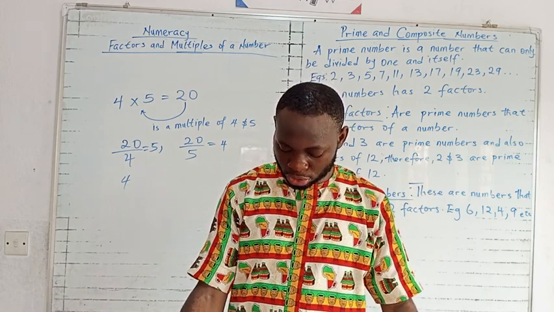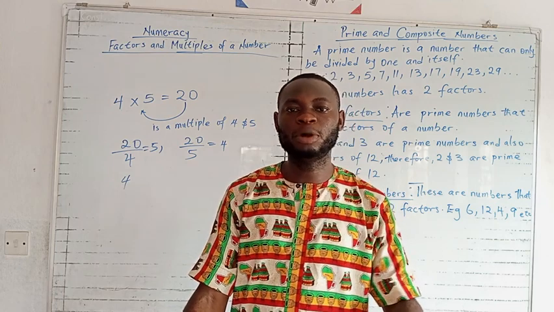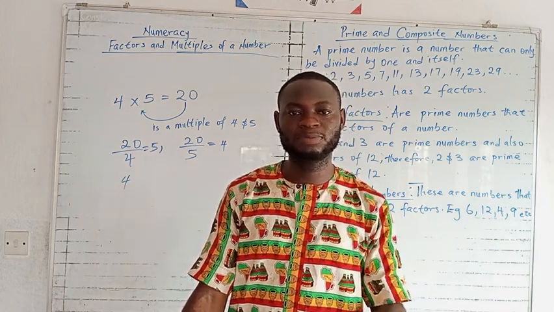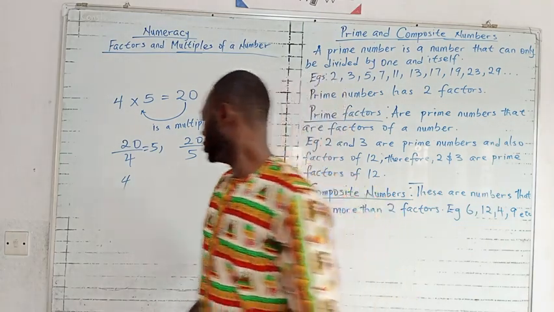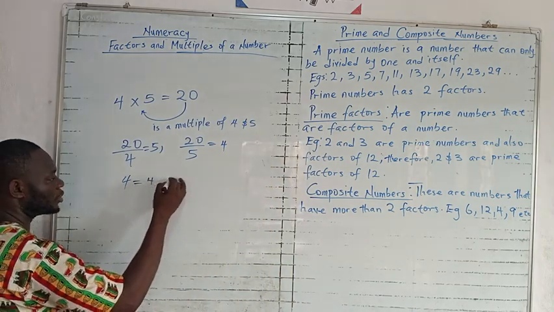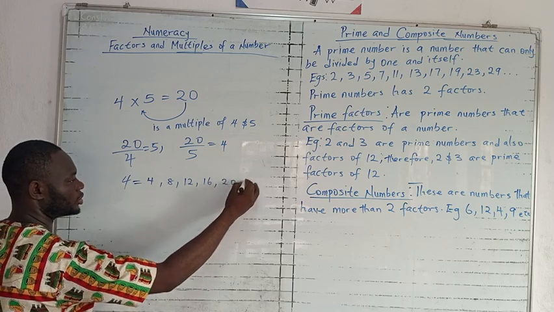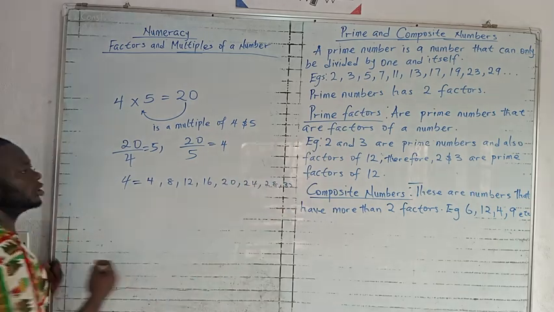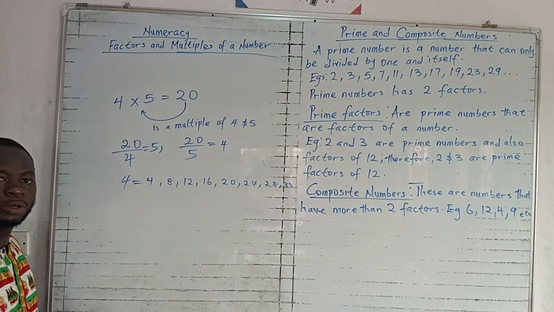To obtain the multiples of 4, you simply use your multiplication table of 4, or you simply skip count in 4s. So the multiples of 4 by skip counting, let's go: 4, 8, 12, 16, 20, 24, 28, 32.